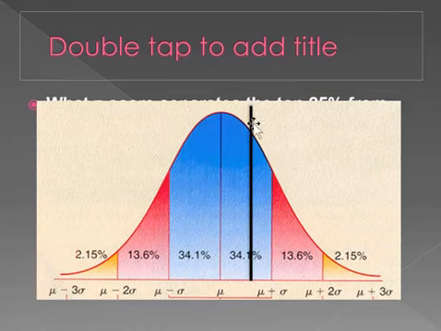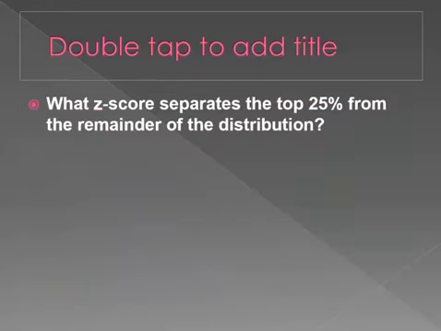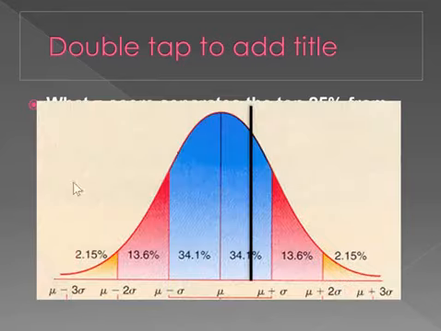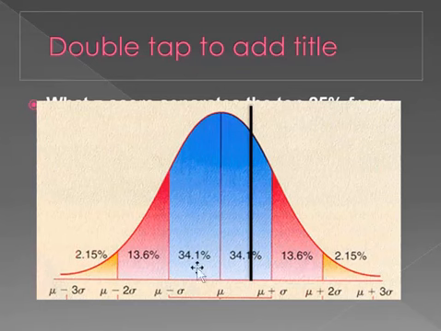If I'm trying to find what z-score separates the top 25% from the remainder of the distribution, if I were to draw a line through a normal distribution, knowing these percentages here, I figure, well, 2.15 represents 2 and above, 13.6 represents 1 to 2, and wherever my mark is going to be here represents the cutoff with 25% to one side and 75% on the other. Looks like it's likely going to fall somewhere between a z-score of 0 and plus 1.00.